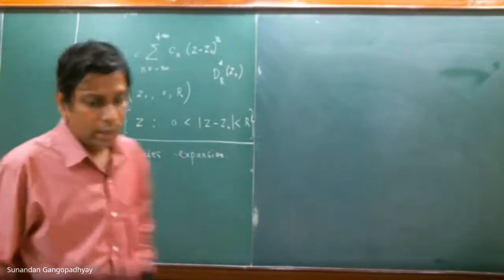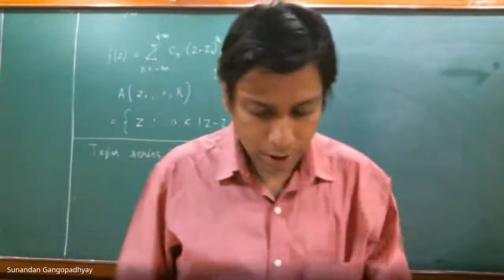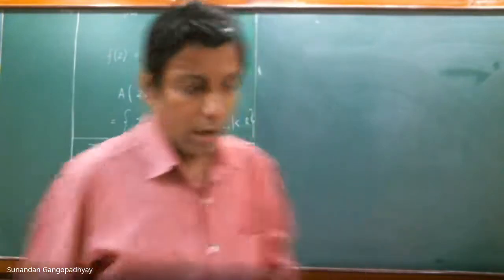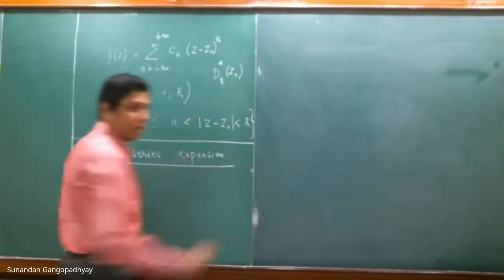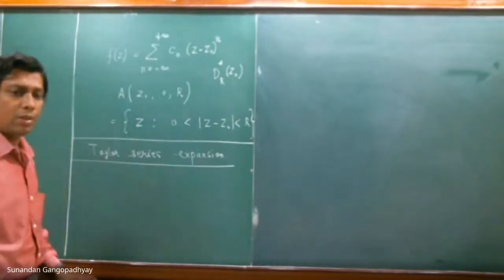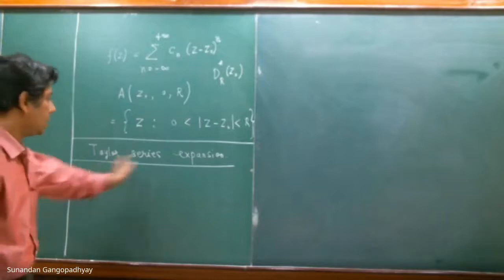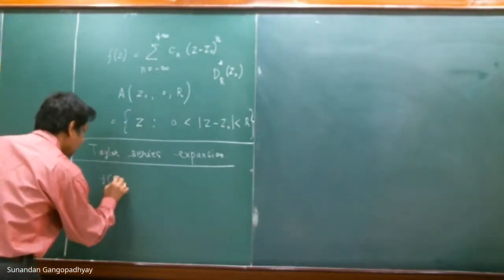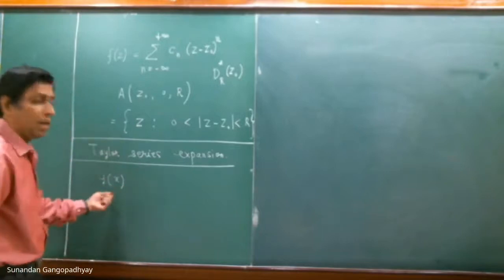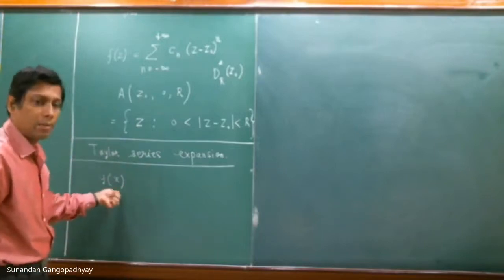But before discussing the Taylor series expansion of a function of a complex variable, I shall discuss it in the context of a function of a real variable first. And I shall give you a very heuristic derivation of this Taylor series expansion. So let us consider a function y of x, where x is a real variable now.